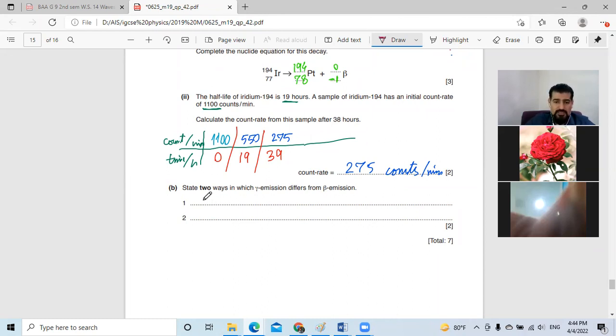So we can say that gamma emission is neutral, for example, while beta particles are negative.